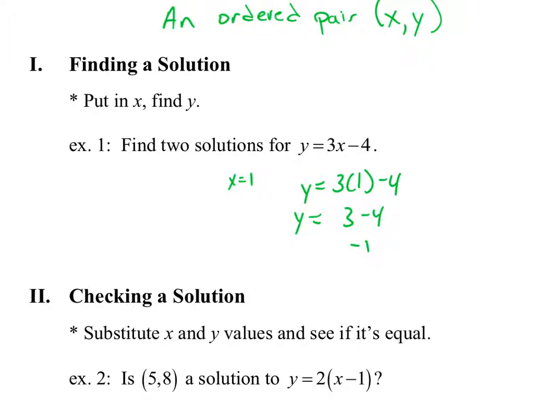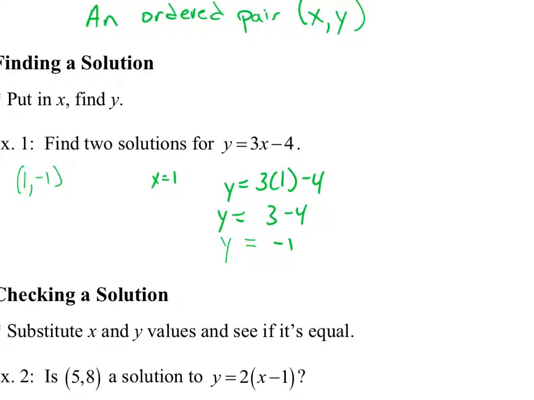So that's one solution. One solution is (1, negative 1). We said x was 1, y is negative 1. So we need to find another solution. Pick another value. Let's do x equals 6.